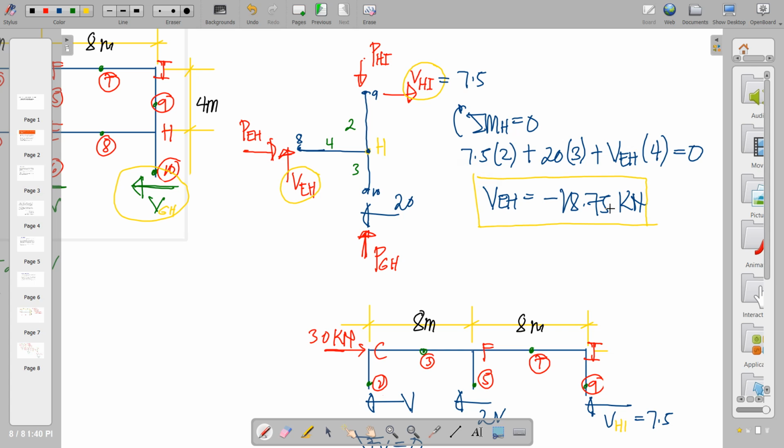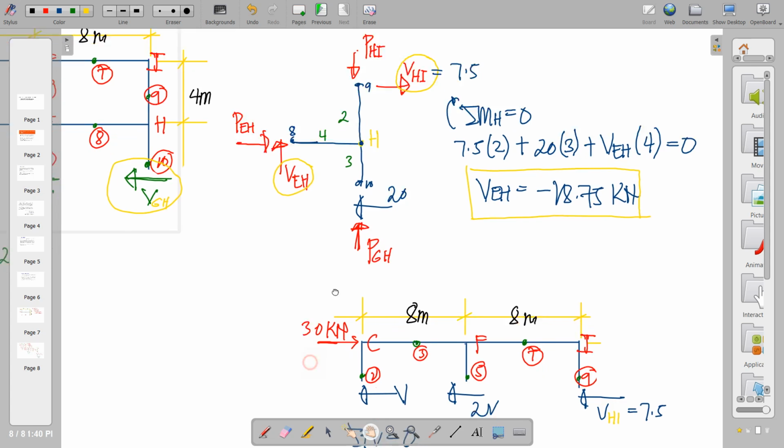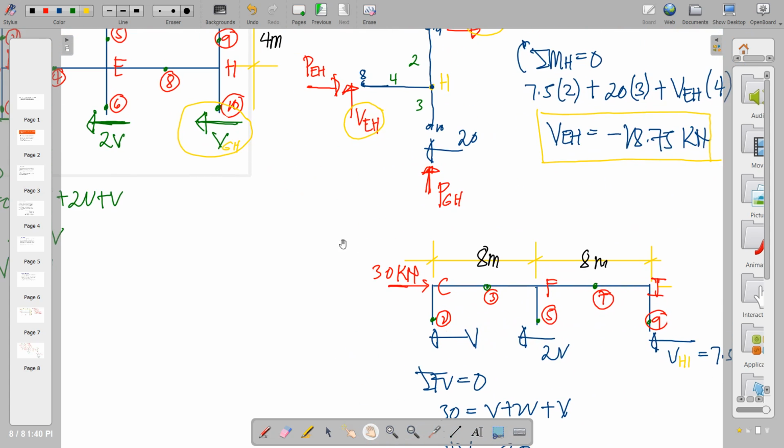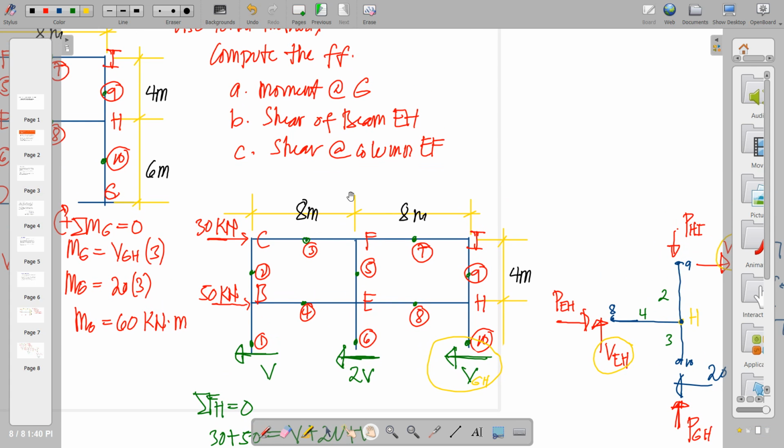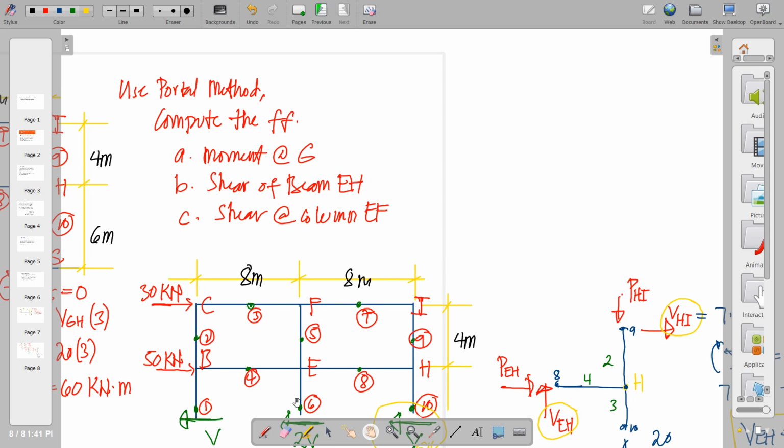So again, negative simply means that VEH should be going downwards. Okay, so next, how about the shear at the column EF? So the shear at the column EF would be determined by the portal on the mid portion.